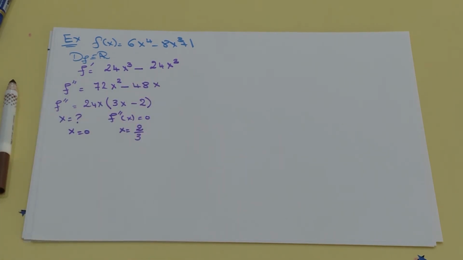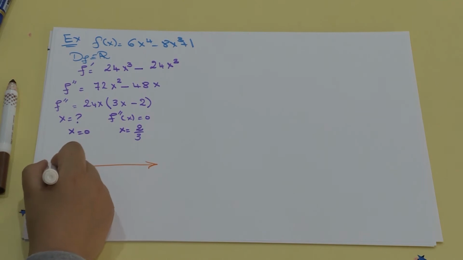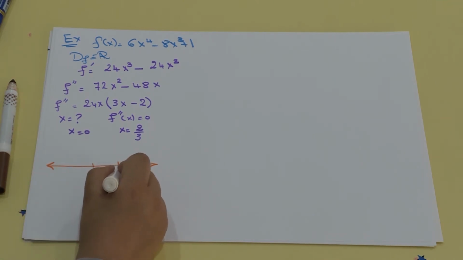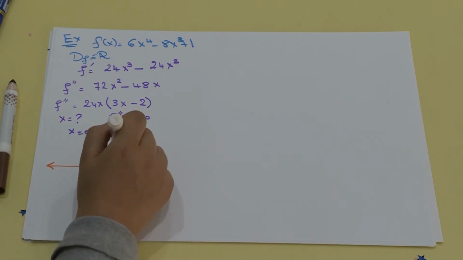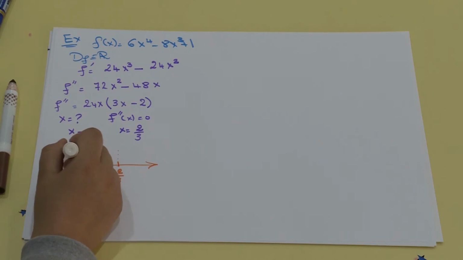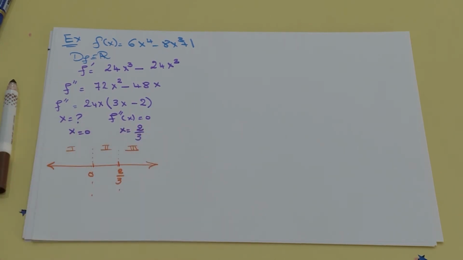Now we take these values and immediately we go to the real line and put them on the real line. This is 0 and this is 2 over 3, where these split the real line into 3 intervals: interval 1, interval 2, interval 3.